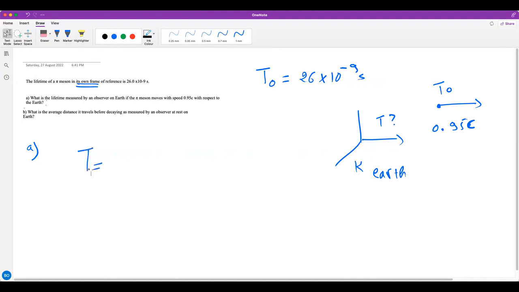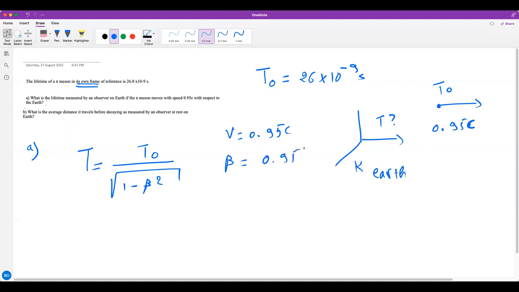So what we have to do is to apply directly this equation, which is t0 divided by the square root of 1 minus beta squared. We know that v is equal to 0.95 c, c is the speed of light, which means beta is equal to 0.95.